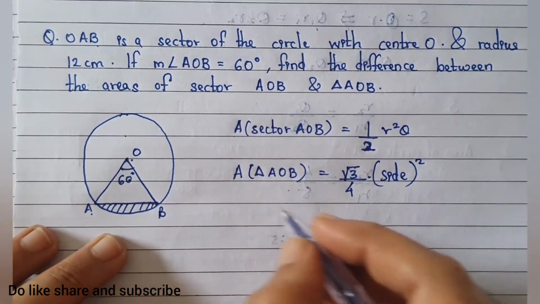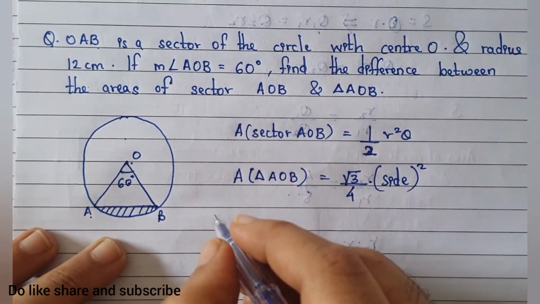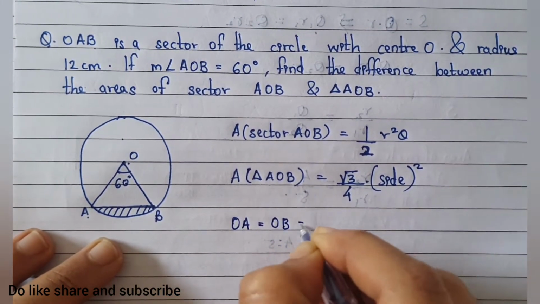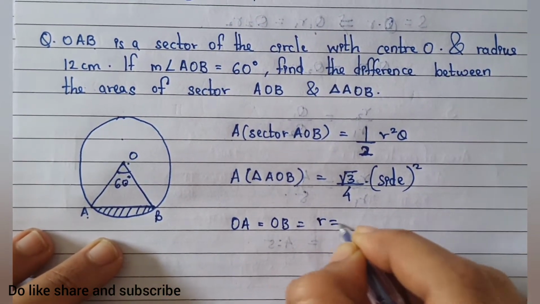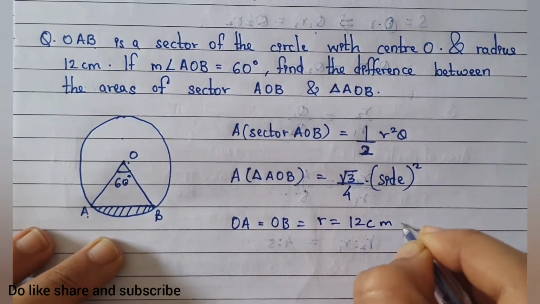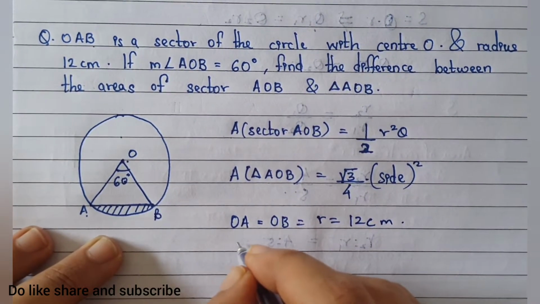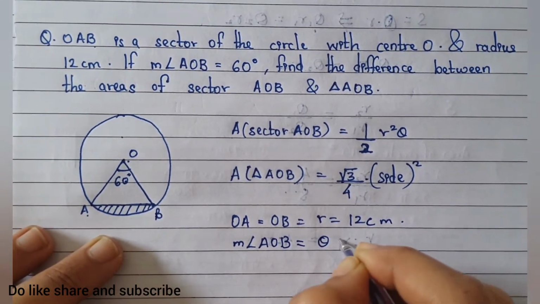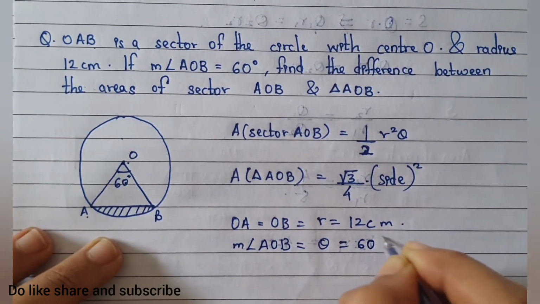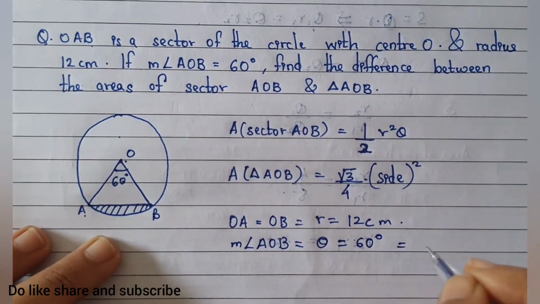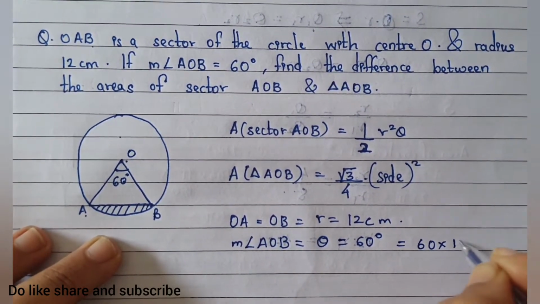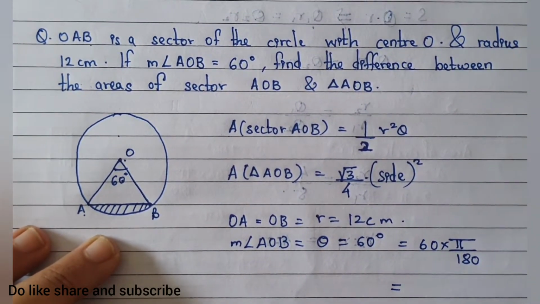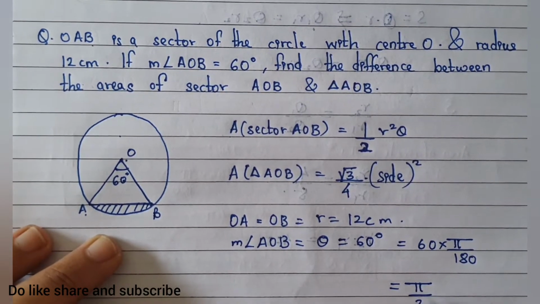So OA is equal to OB is equal to r, that is 12 centimeters, and the measure of angle AOB, theta, is equal to 60 degrees. We have to calculate this in radians, so 60 into pi by 180 will give us pi by 3 radians.